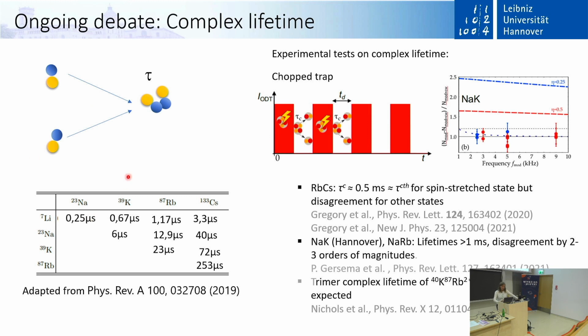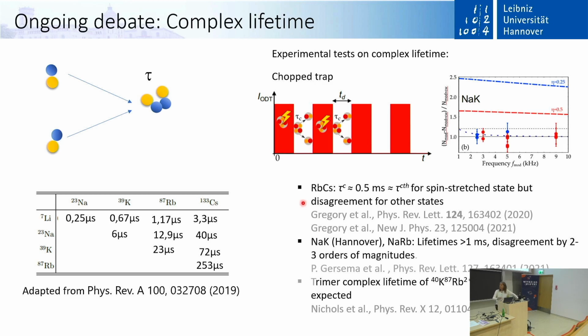The first prediction was by Christian and co-workers from RRKM theory, using transition state theory and phase integrals. What they predicted is lifetimes on the order of microseconds. Then people went ahead and got an estimate of this lifetime of the tetramers in chopped optical dipole traps. The idea being that those molecules held in the dark during the chopping time would have the possibility to dissociate again, and you would see an enhanced molecular system.